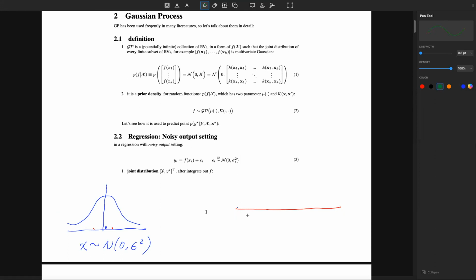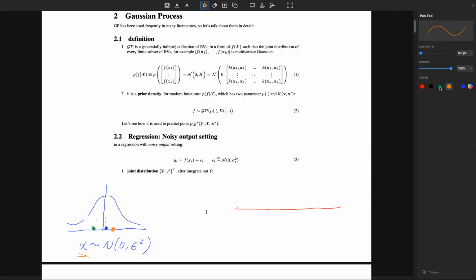So when I draw a first sample, it's blue. When I draw a second sample, it's green. And the third sample is orange, right? This is X1, this is X2, and so on. They're all just random realizations of that distribution.